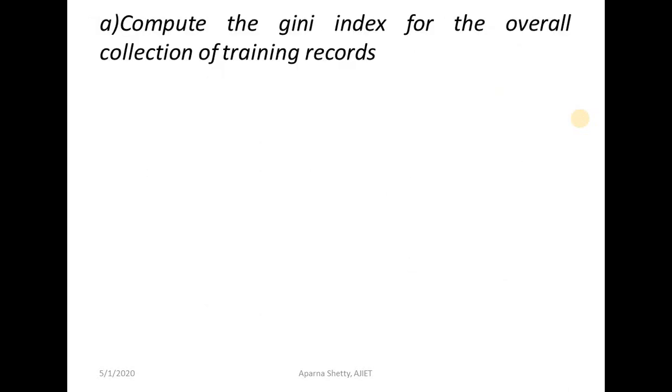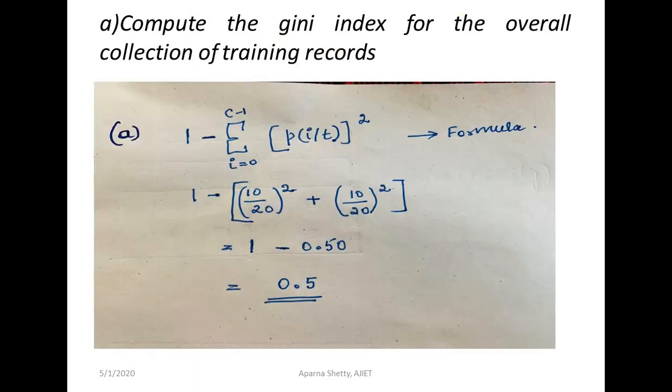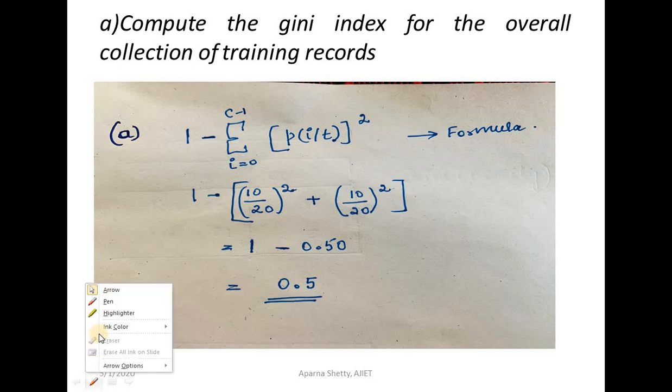Next, let us see. The first question is, compute the Gini index for the overall collection of training records. Now, the Gini index formula, correct? This is the formula for the Gini index.